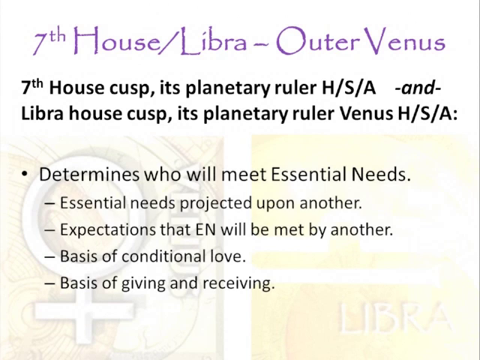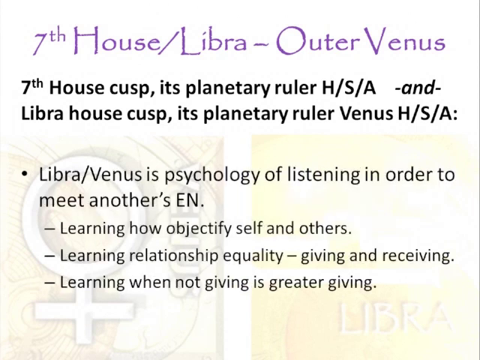Again, it also is teaching us giving and receiving. And when it's conditional love and those needs are projected and expected, that conditional love means I'm going to give you what I think you need if you give me what I think I need. And if that's not happening, this sets off what we call the outer Venus or Libra archetype of the psychology of listening, in order to learn how to get past some of that conditional love in meeting another's needs.